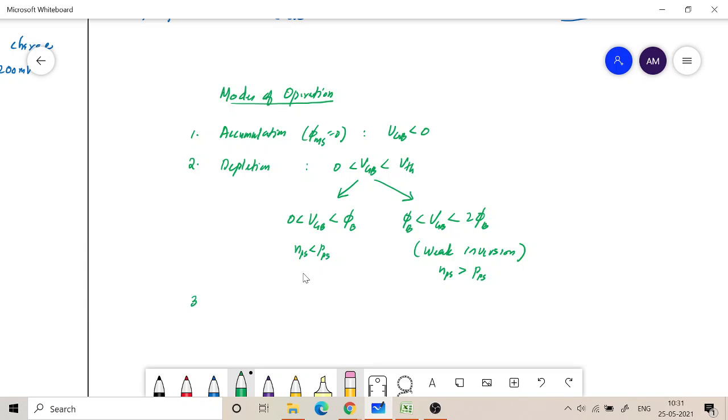And the third mode is strong inversion. In order to distinguish it from weak inversion, we call it strong inversion. For strong inversion, what we need is your VGB should be greater than VTH.